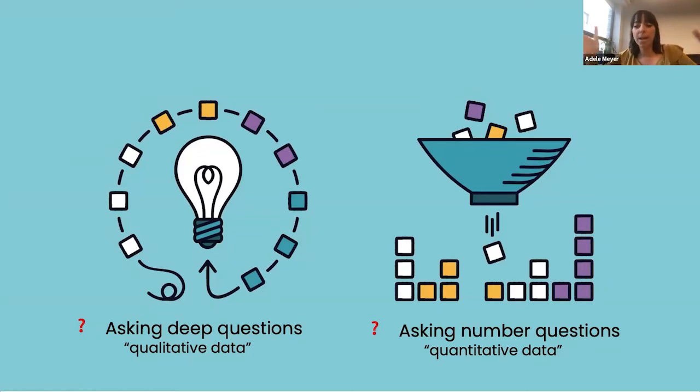It's more open-ended questions where everyone's answer might be completely different. But if you ask enough people, then you can start to see patterns even in all those different responses, okay? For example, a qualitative question might be, what was your experience going to the cinema tonight? Every answer is going to be different.